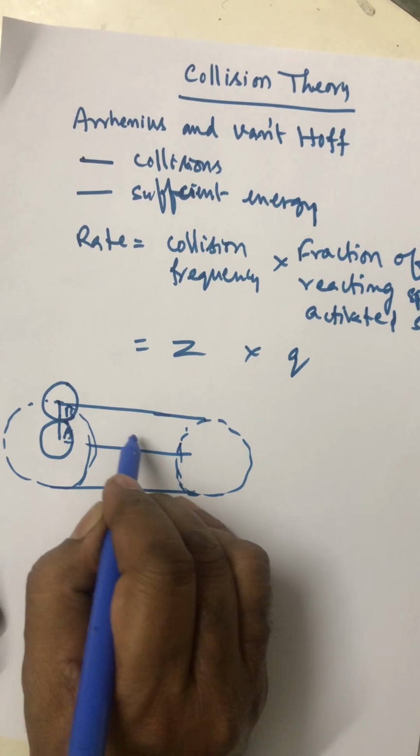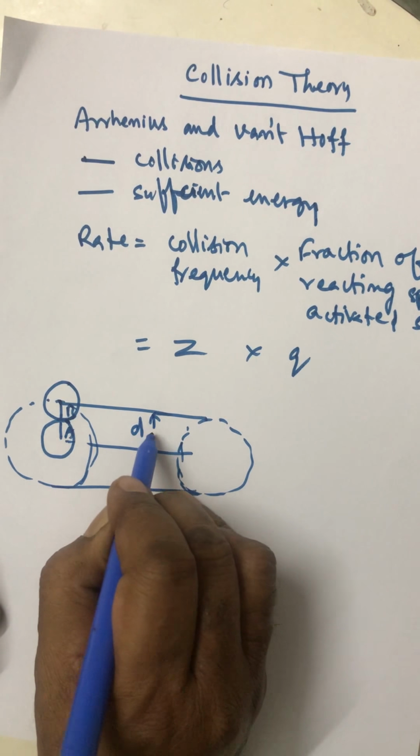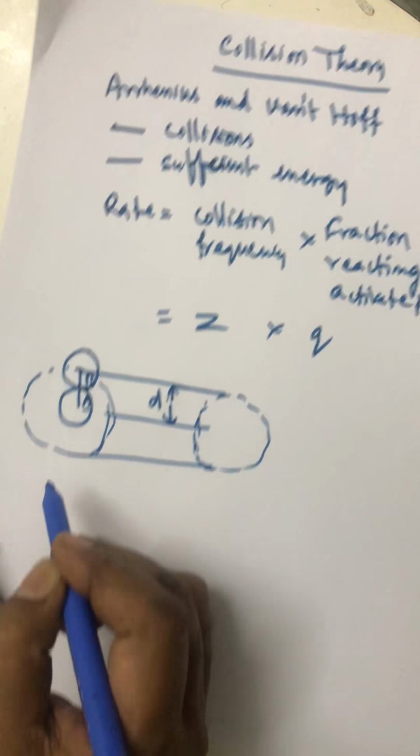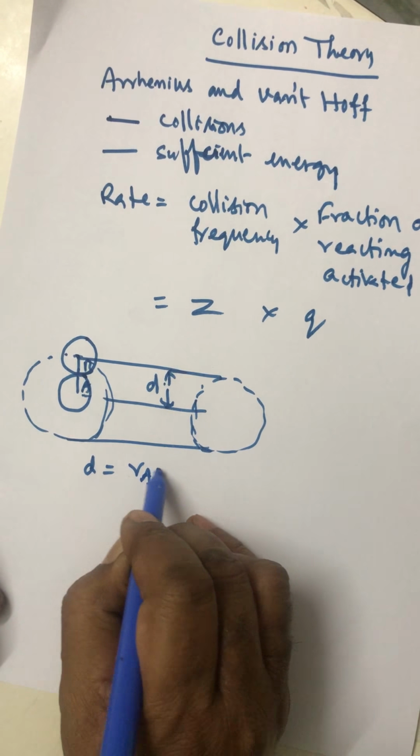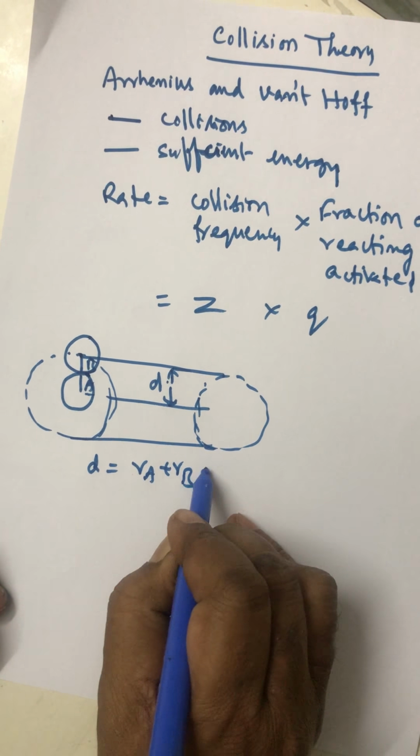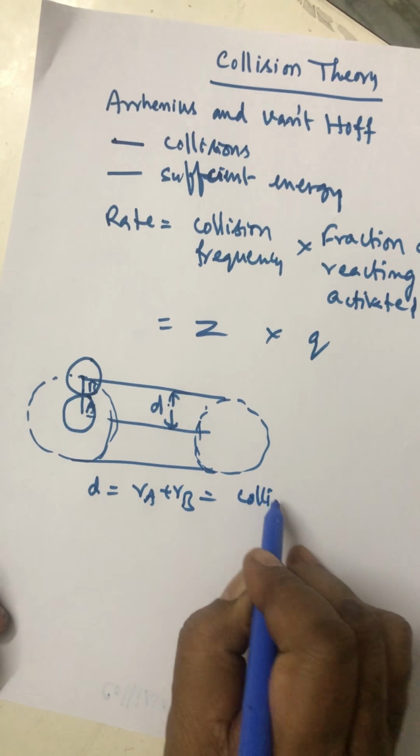This is the collision diameter. This in fact, RA plus RB, is the collision diameter.